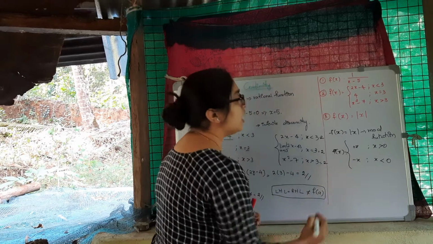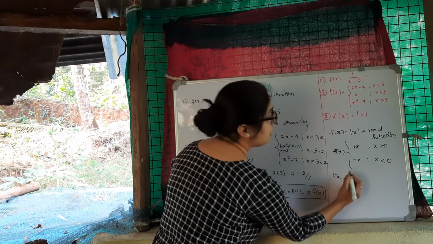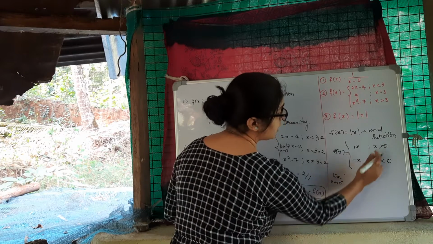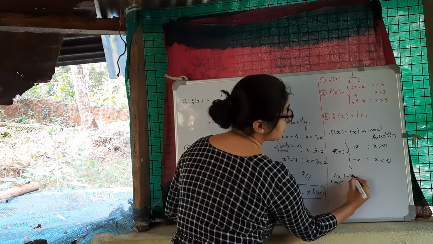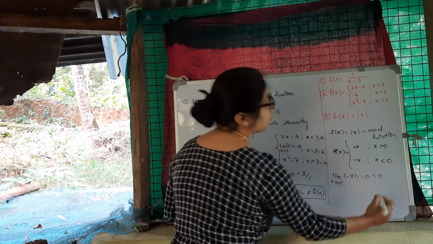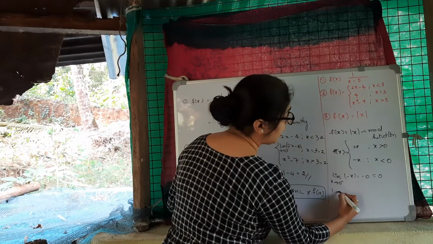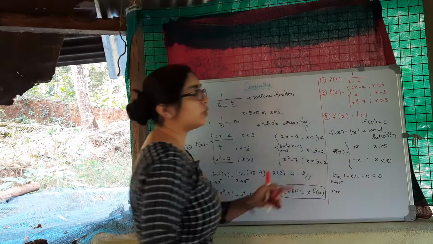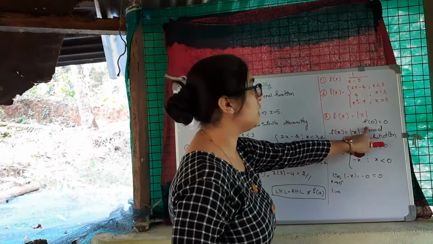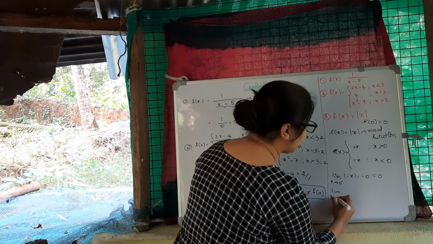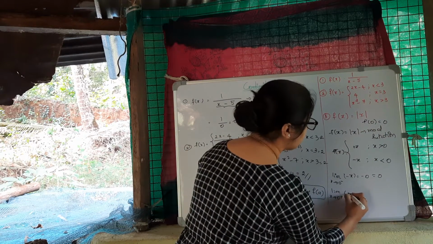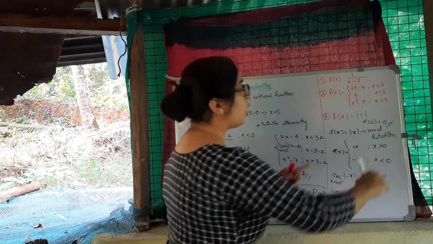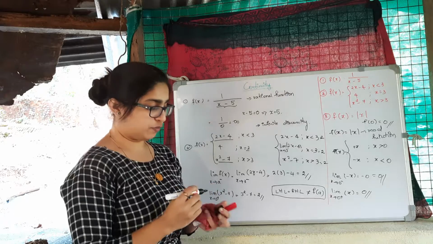Now if I take the left hand limit as x approaches 0, that will be minus x, that is minus 0, which is equal to 0. At x is equal to 0, f of 0 is equal to 0. Now if I consider the right hand limit, that is also equal to 0. So the mod function is a continuous function.